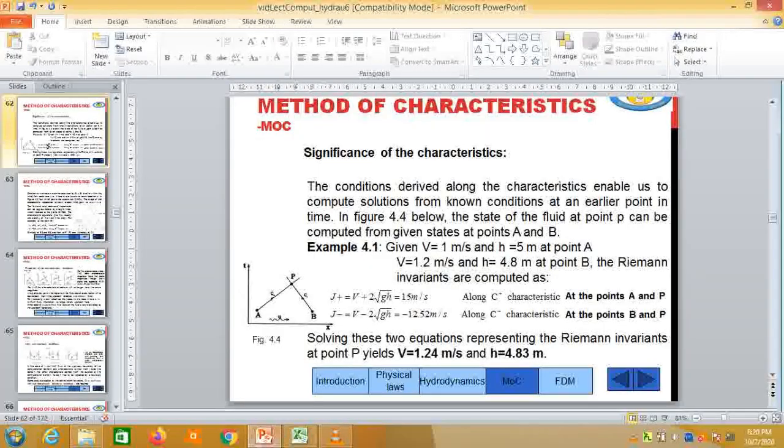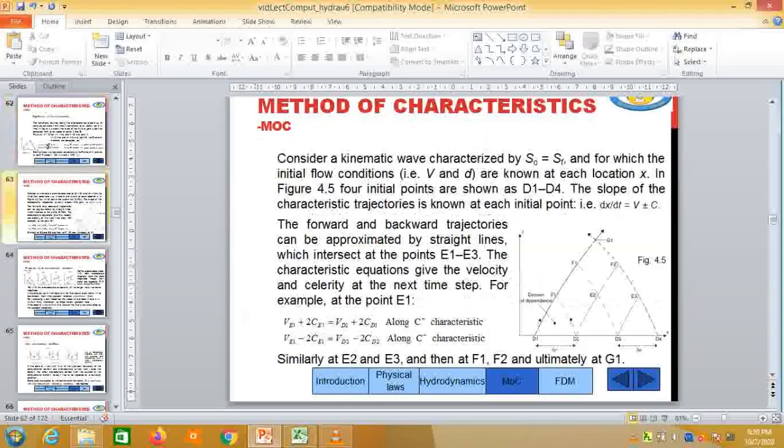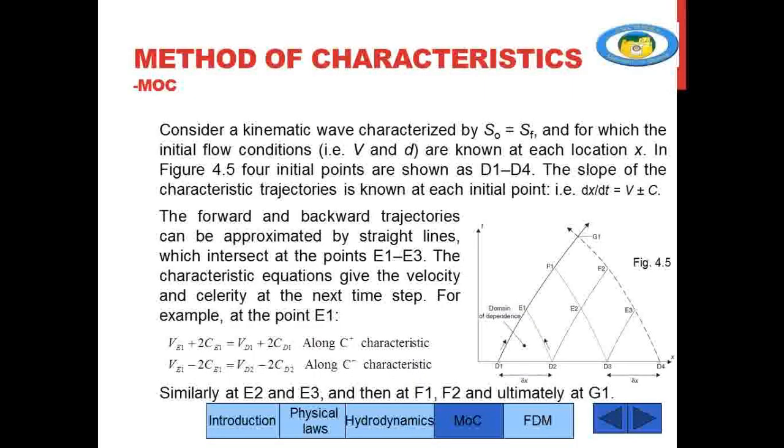Now, we can expand this discussion in this manner. You can obtain the flow conditions like velocity and depth at a number of points. For example, consider a kinematic wave, in which case the bed slope and the friction slope are the same.